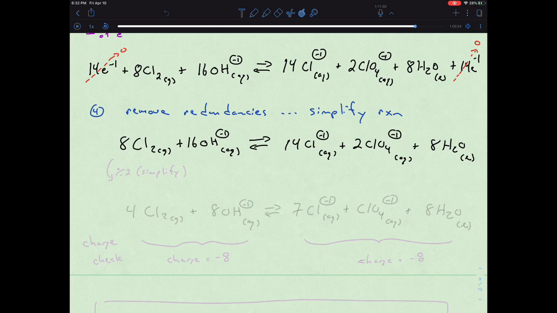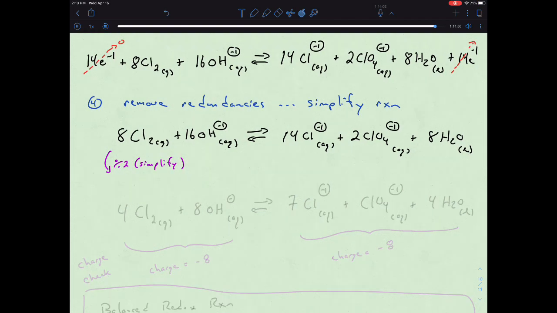And so what we end up with after some more simplification is 4 chlorines plus 8 hydroxides produces 7 chlorides, one perchlorate, and 4 H2Os.